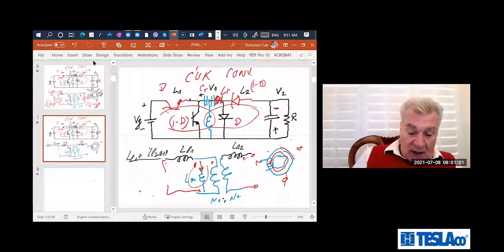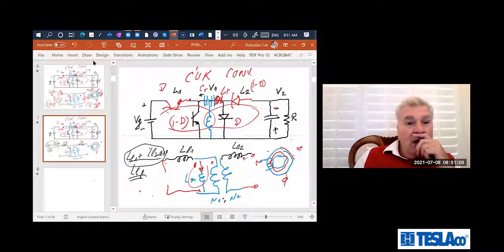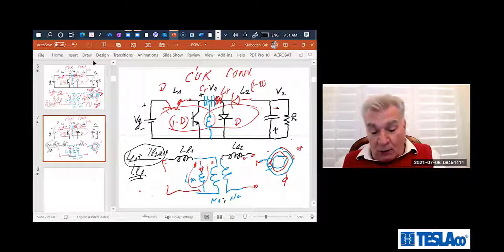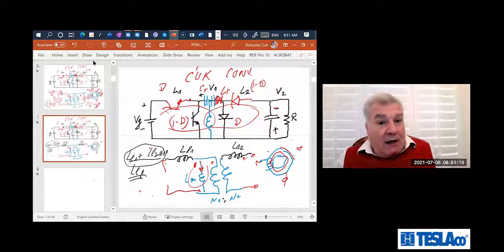They used LL1 plus the reflected secondary inductance as a single inductance, LL primary, the leakage inductance of the primary. And they never used a model where leakage inductance is separated on primary and secondary, even though that is the correct model. In fact, I found that model many years later.